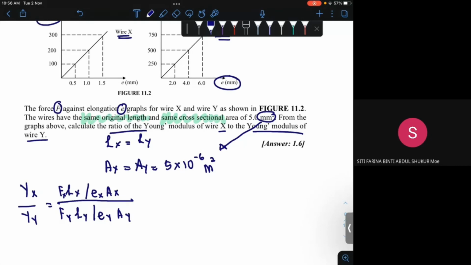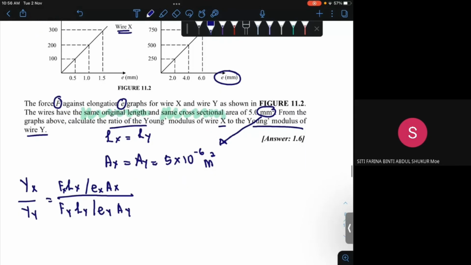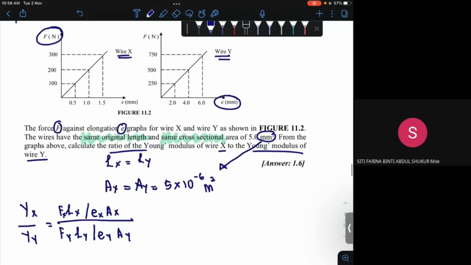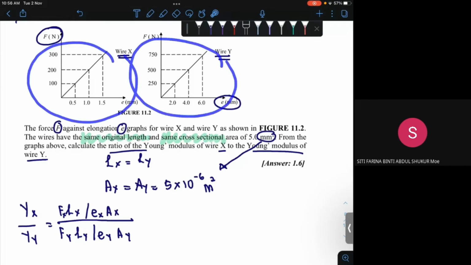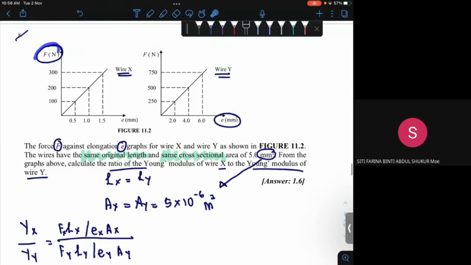Alright. Okay. Kalau kamu tengok for this part of the question, apa yang kita ada? Forces and the extension for the respective forces is given in the graph. Okay, macam mana kita nak baca graf ni adalah bila dia bagi F versus elongation dekat sini, dia cakap directly proportional. As you increase the force, your elongation akan increase.